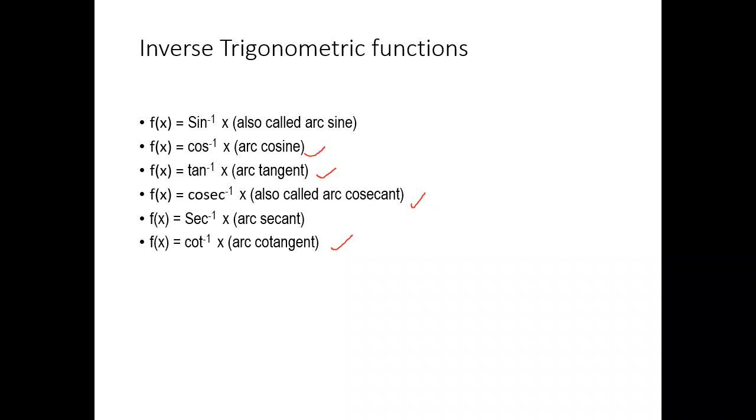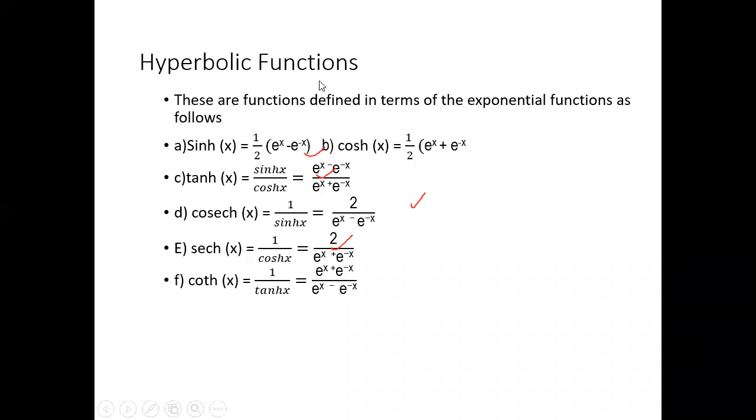Then again we have what we call the hyperbolic functions. This is how they look. For hyperbolic functions, sinh is like sine, but you see you have the h here.